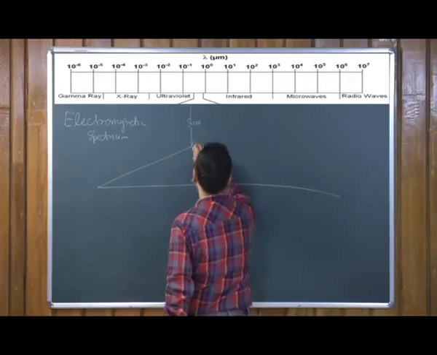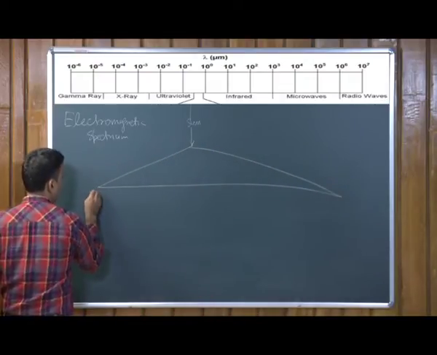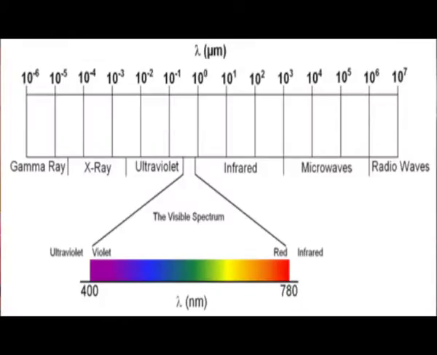We have light starting from 390 and going up to 760 nanometer.